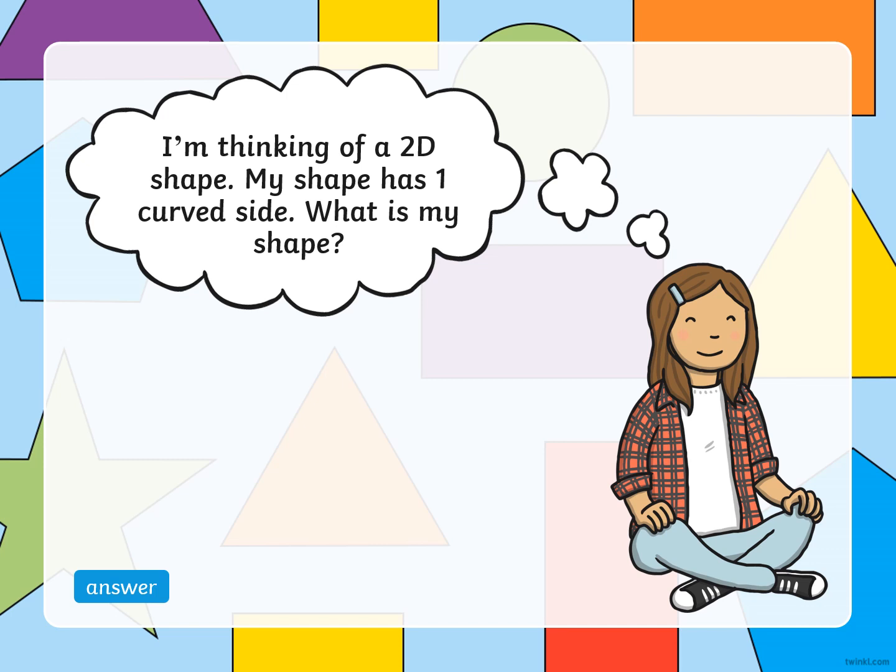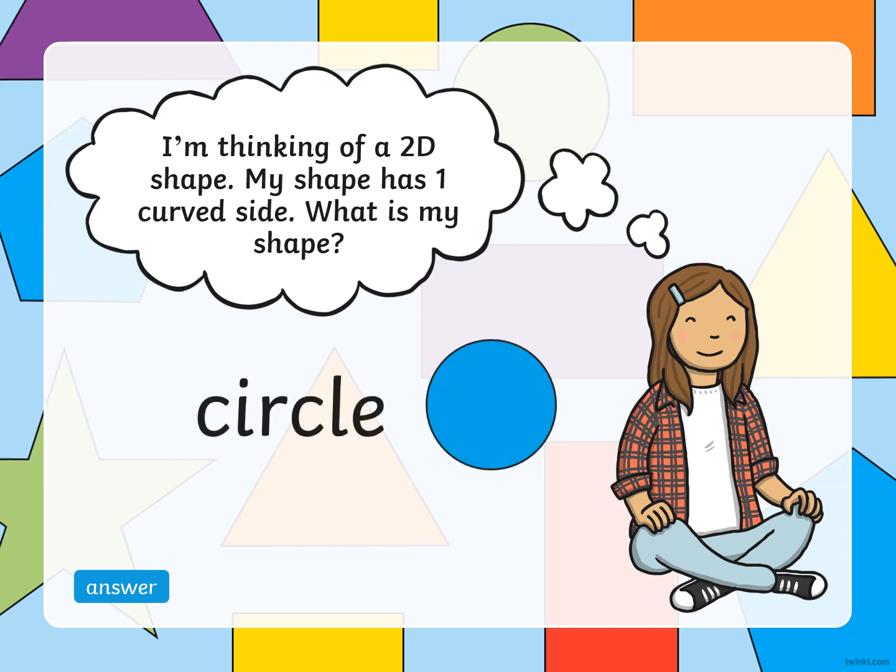Let me read it to you again. I'm thinking of a 2D shape. My shape has 1 curved side. What is my shape? All right, guys, I'm going to click answer. Are you ready? Do you know what it is? It's a circle. It has 1 curved side. It's got no corners. Well done.